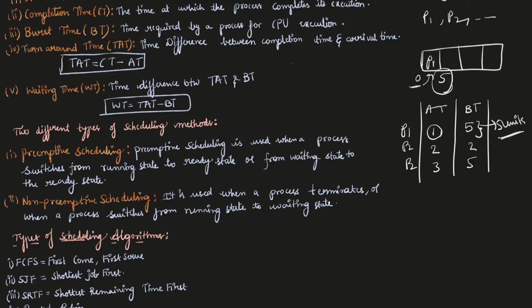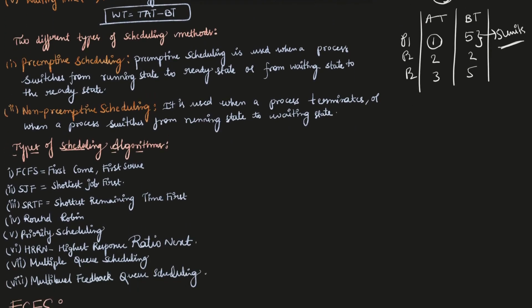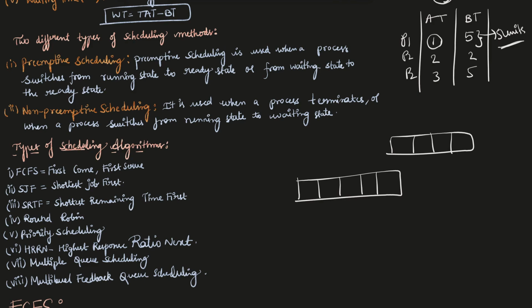There are two different types of scheduling methods. The first one is preemptive scheduling and the second one is non-preemptive scheduling. In preemptive scheduling, suppose you are having a Gantt chart and a ready queue. A process switches from running to ready state or from waiting to ready state.